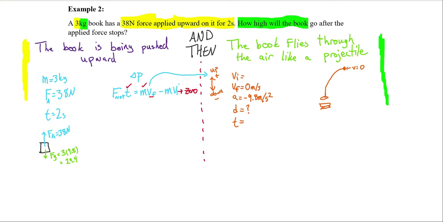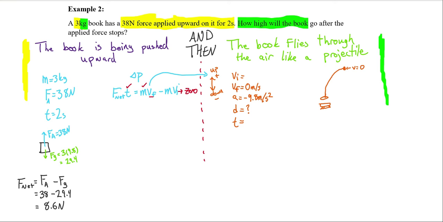So finding our net force here, we make a little net force equation. It's going to be my up applied force subtracted by my down force of gravity, 38 minus 29.4. That ends up being 8.6 newtons.